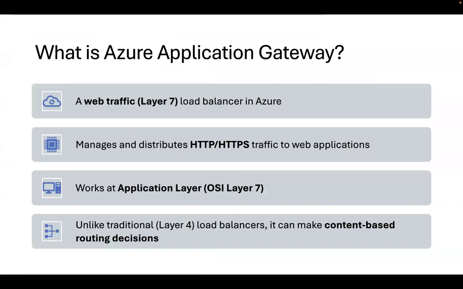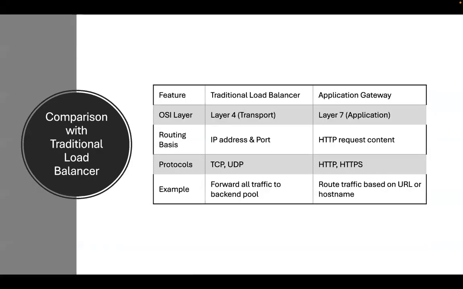That means it works on the application layer, that is layer 7. It manages and distributes HTTP and HTTPS traffic to web applications. Unlike the traditional layer 4 load balancer, it can make content-based routing decisions. I will explain in the next slide what this content-based routing decision means.